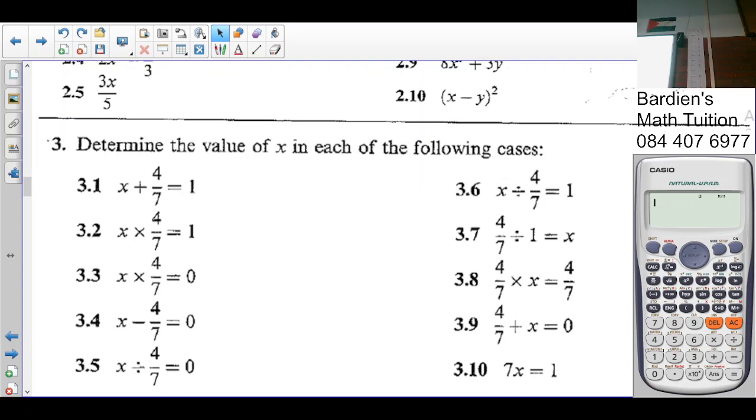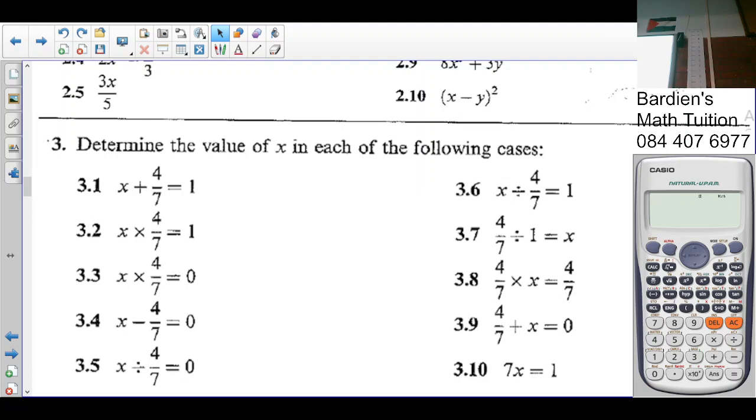That is exercise 4, no? Yes? Yeah, you can do the whole of exercise 4.